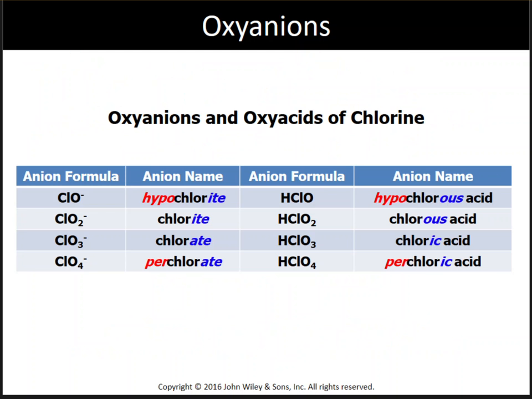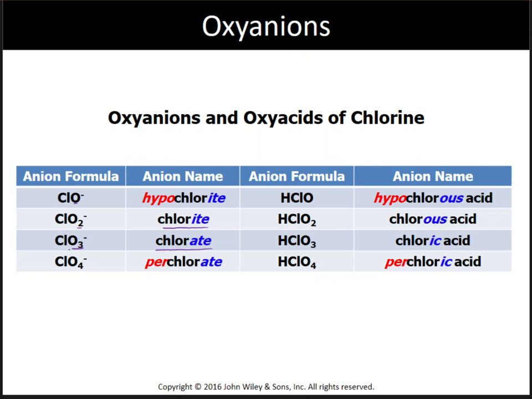So here is how we name these compounds. The most number of oxygens chlorine can have is 3, and ClO3⁻ is called a chlorate ion. One oxygen less than chlorate, which is 2 oxygens, becomes chlorite. One oxygen less than chlorite, now 1 oxygen, becomes a hypochlorite.